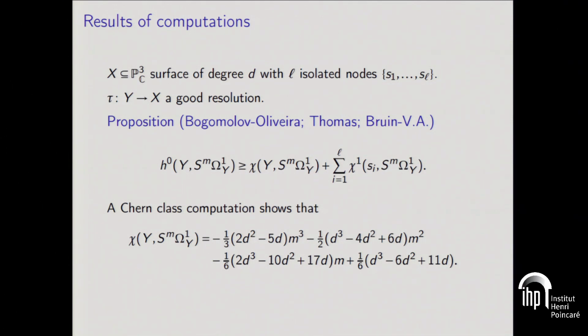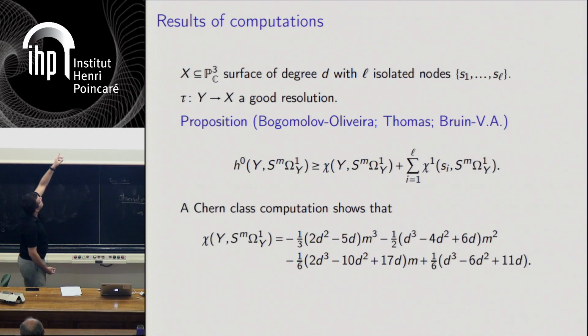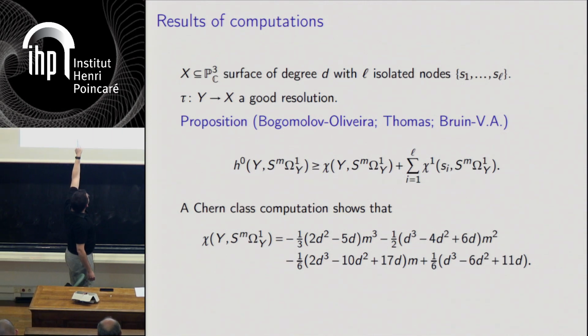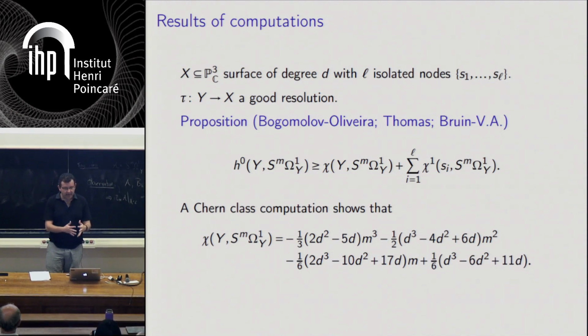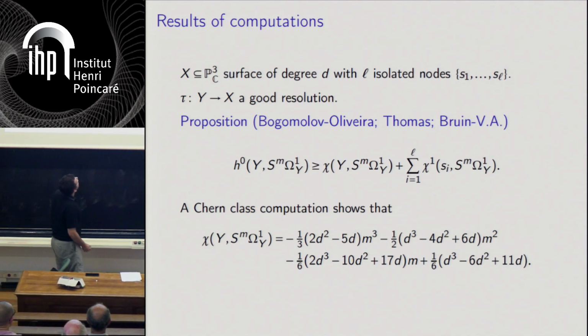Our conclusion is that this H0 that we were interested in was this Euler characteristic plus the chi1 contributions from the nodes, which is just L times any one of them. We compute this Euler characteristic by pretending that instead of looking at this blow up, we're just looking at a smooth surface of degree D in P3.